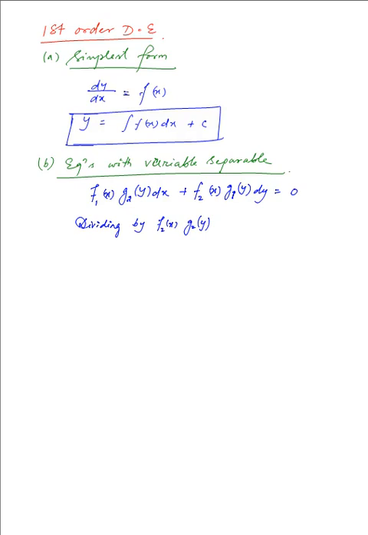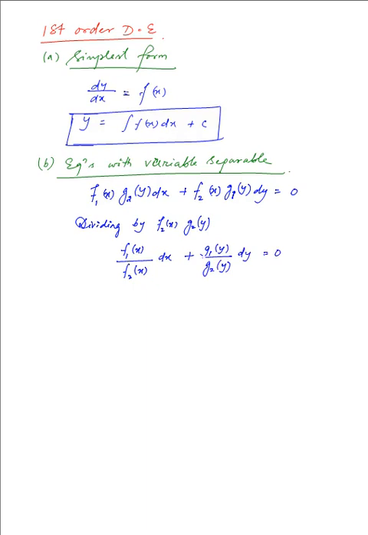If we divide the above equation, the g2(y) is going to get cancelled in the first term, and we are left with f1(x) divided by f2(x) and the dx intact. In the second term, we cancel out the f2(x), so we are left with g1(y) divided by g2(y), multiplied with dy.